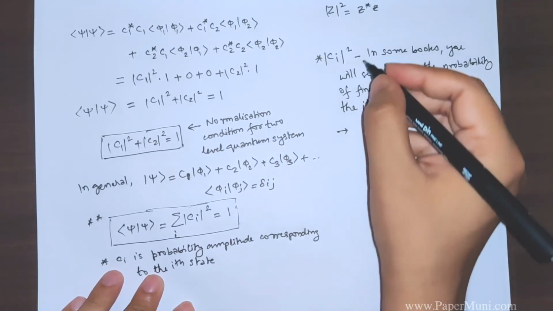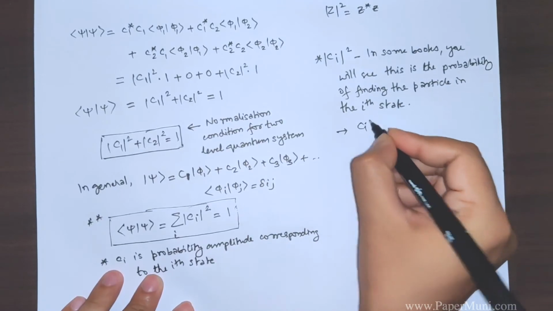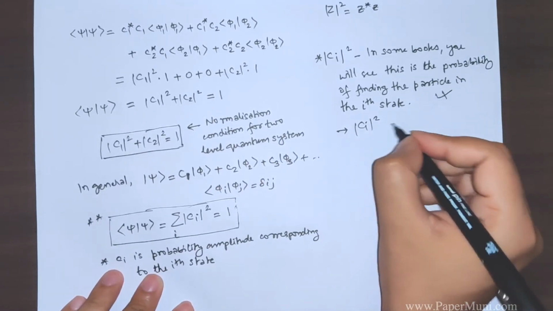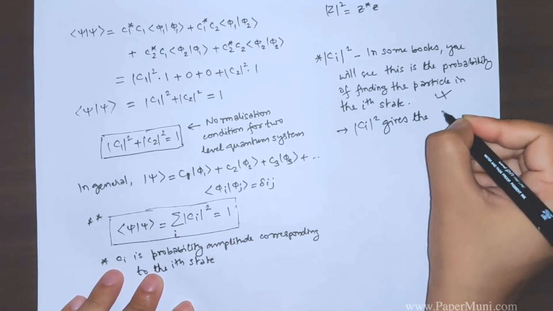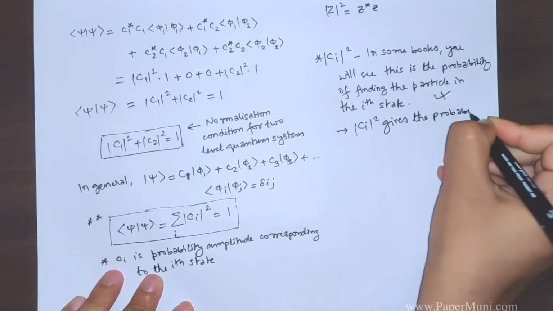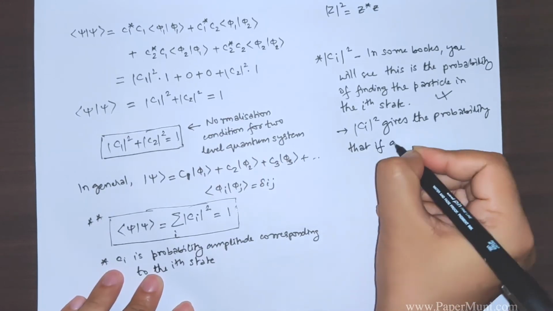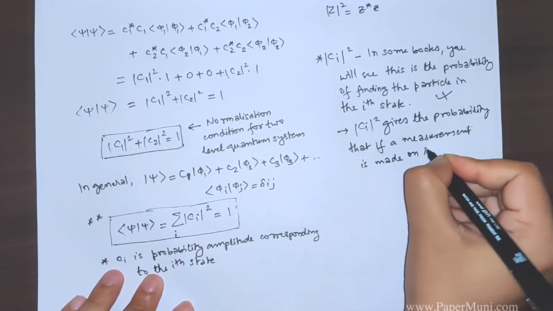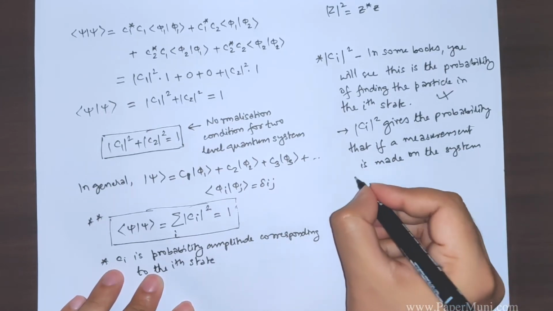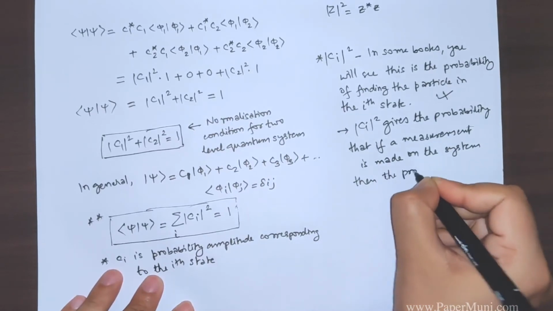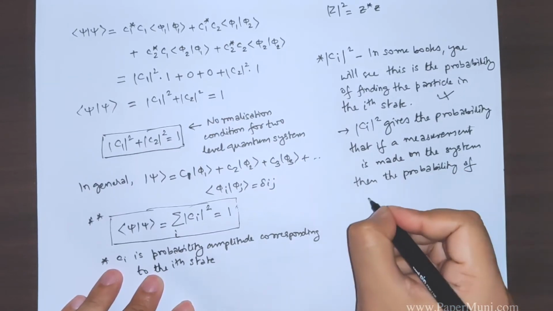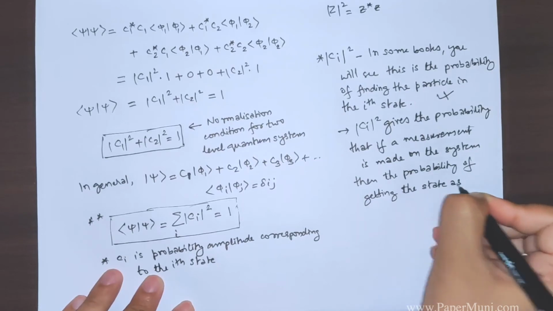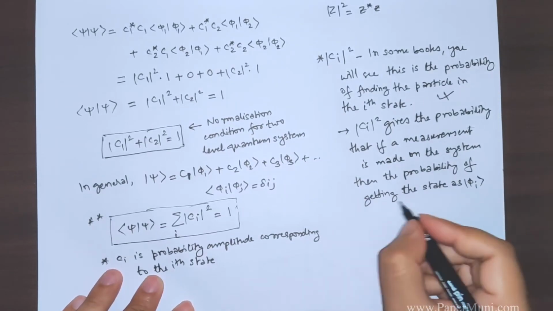The best way to say it is that Ci mod square, though the previous wording is not completely correct, gives you the probability that if a measurement is made on the system, then the probability of getting the state as phi i, or the ith state.